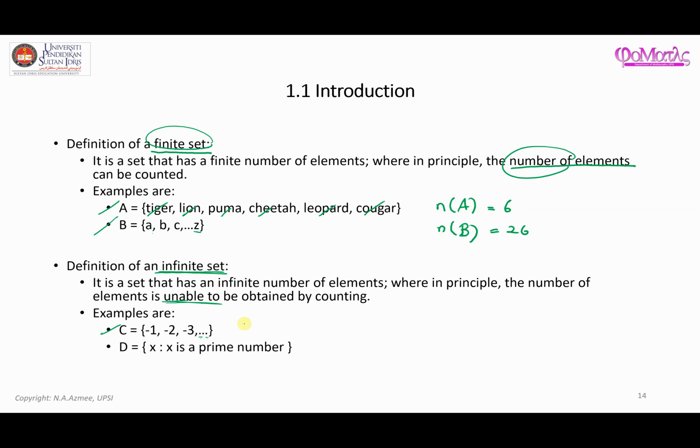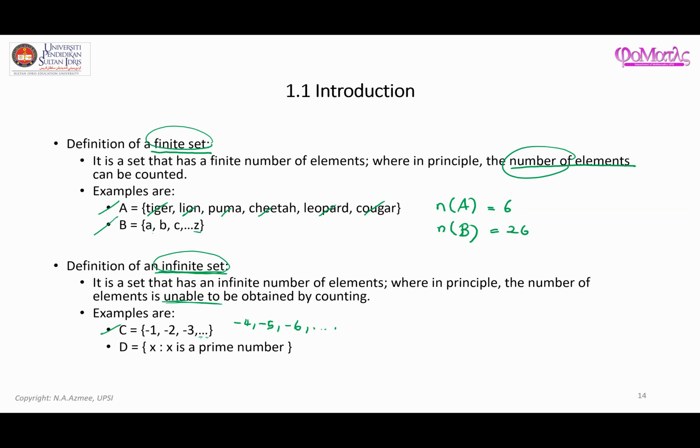For example, you will have -4, -5, -6, and so on until infinity, and so we say that set C is an infinite set.